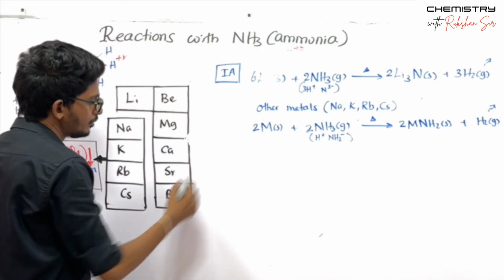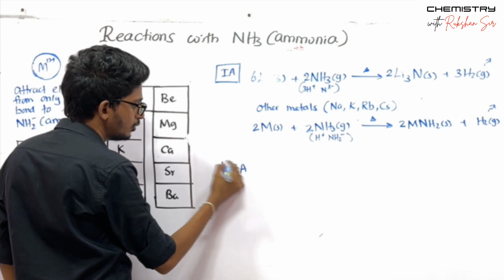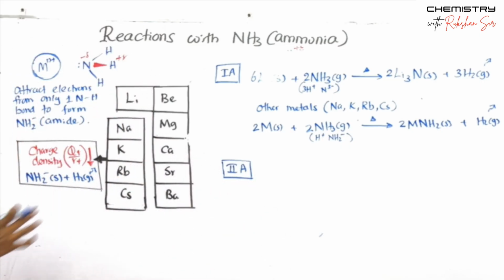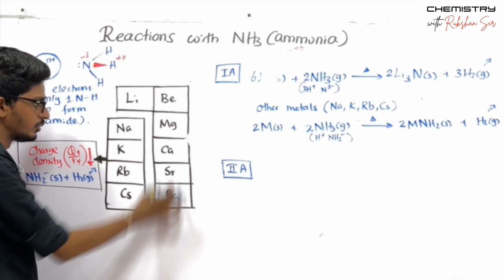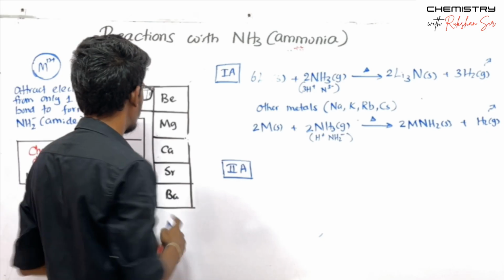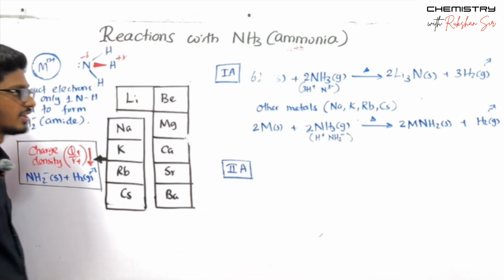Okay, what about the group 2As? All the group 2As are considered as containing cations with high charge density. So all of them will produce nitrides. The cations with high charge density prefer the anion with high charge density, N3 minus.